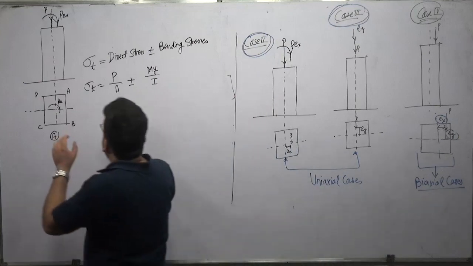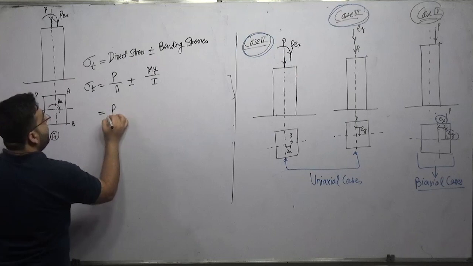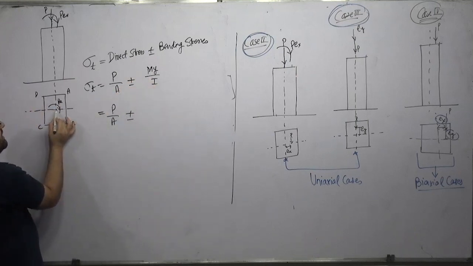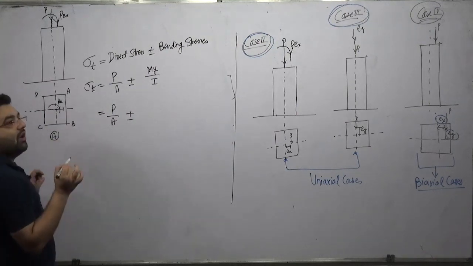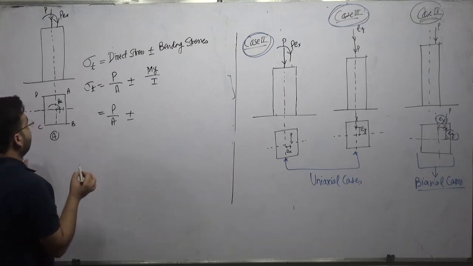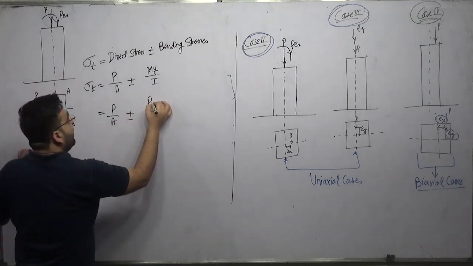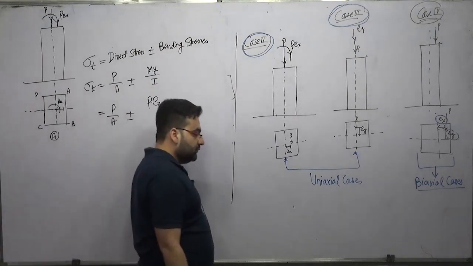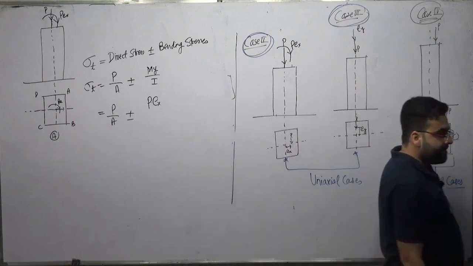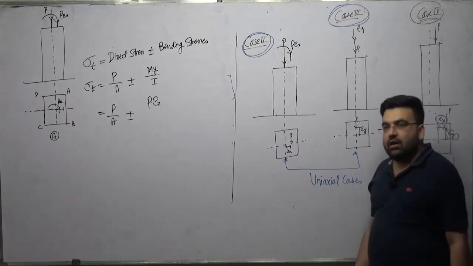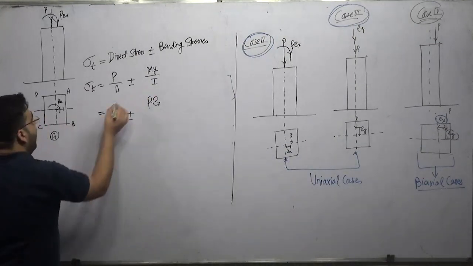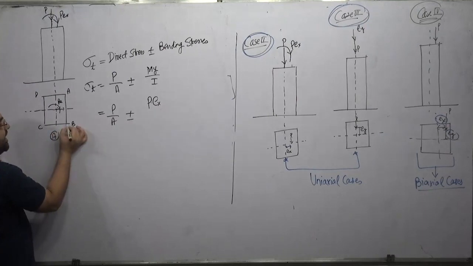Since in this case the eccentricity was in the X direction, the moment will be equal to P into Ex. And Y will be from this point to the extreme point.